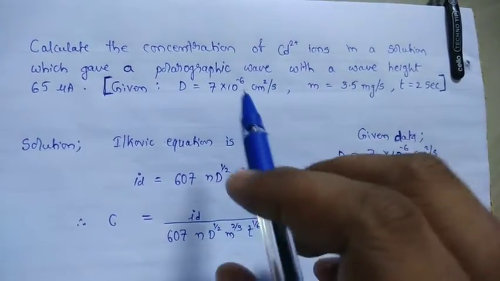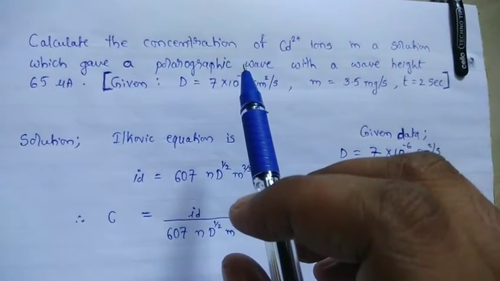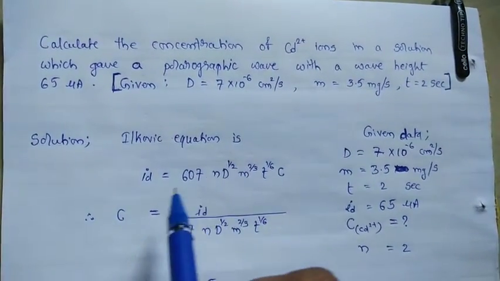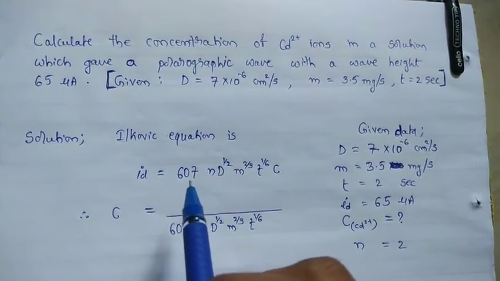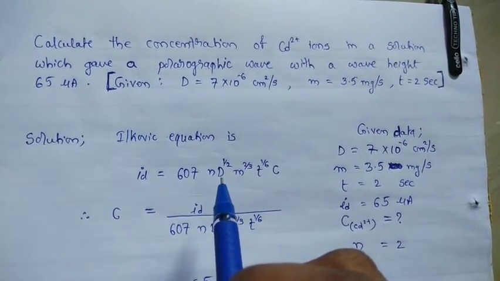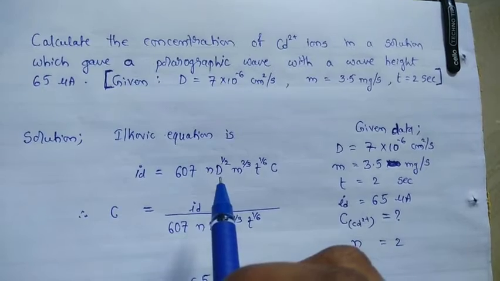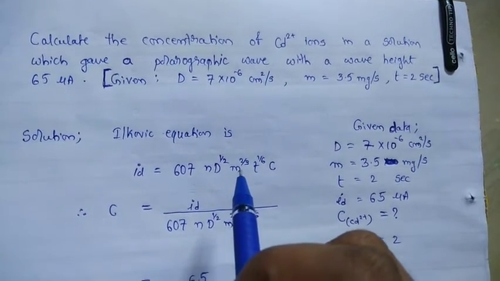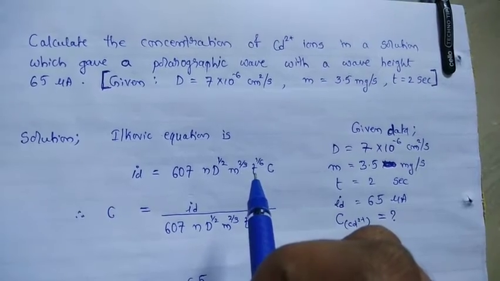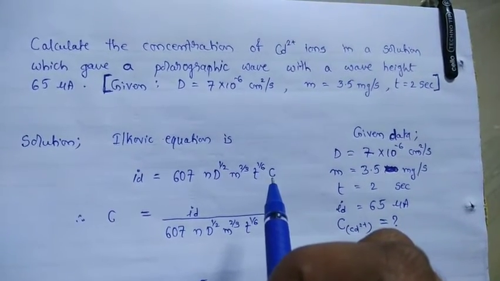To solve this problem, we have to consider the Ilkovic equation, that is given by id equal to 607 into n into D raised to half, or you can say the square root of D, into m raised to 2 upon 3 into time t raised to 1 upon 6 into concentration.